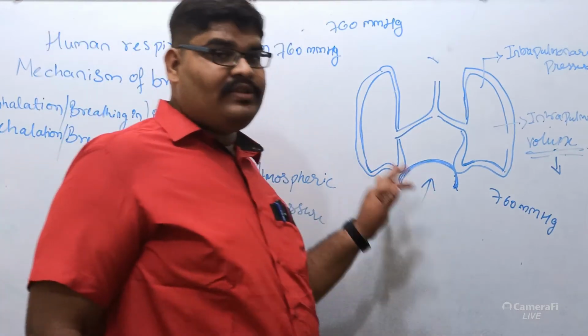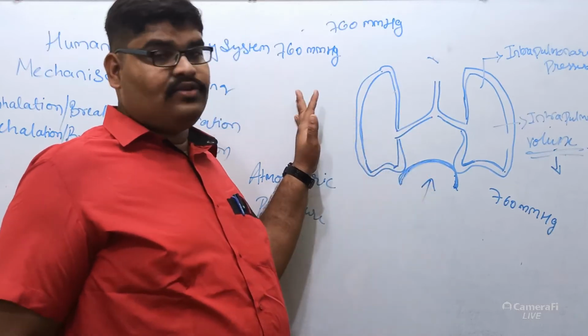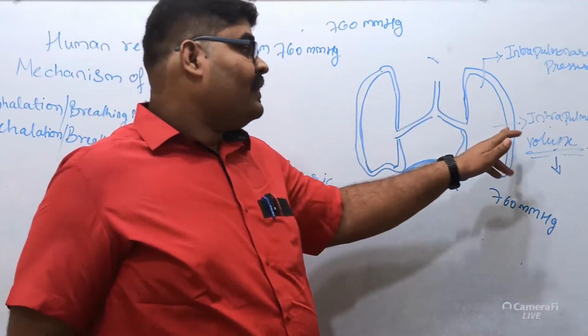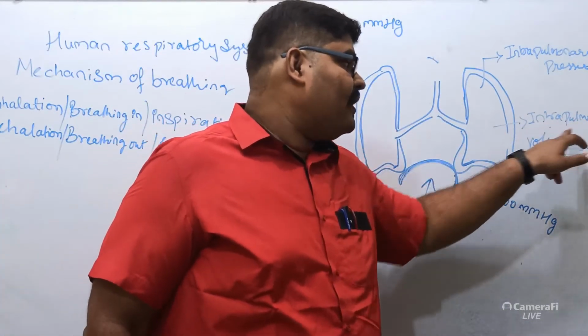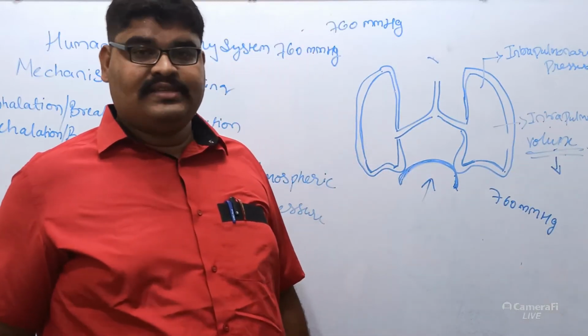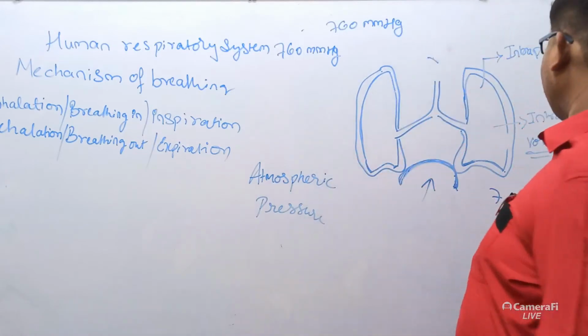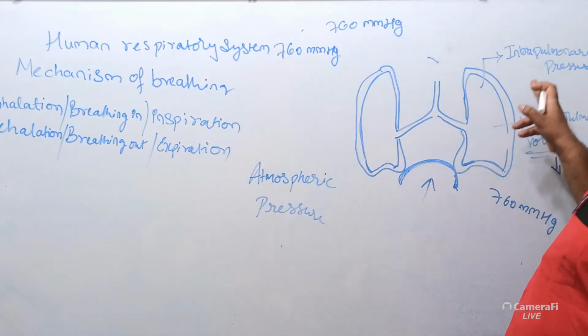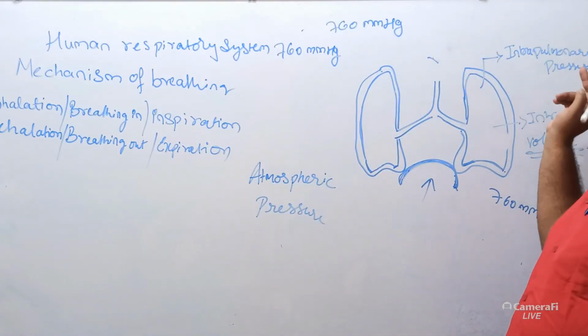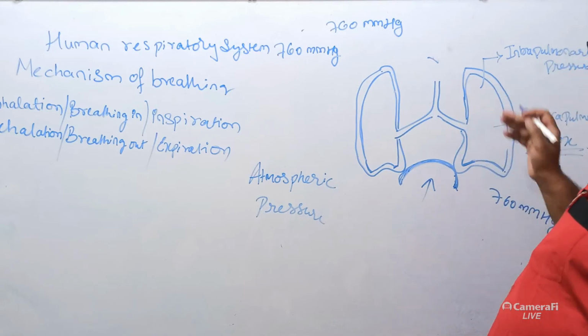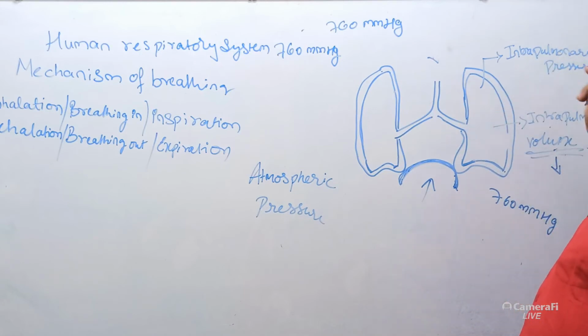Due to the relaxation of the diaphragm and intercostal muscles, the intrapulmonary volume decreases. Due to the decrease in intrapulmonary volume, there will be an increase in the air pressure inside the lungs, that is, intrapulmonary pressure.